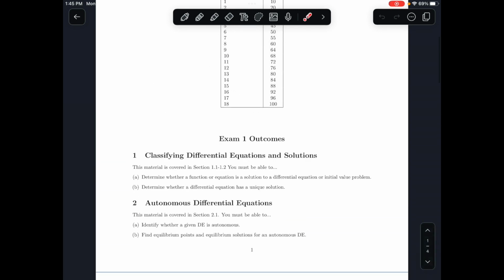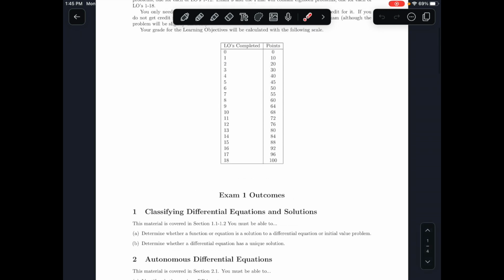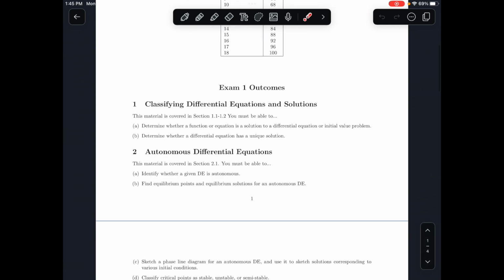Just to remind you guys, the structure for this class: you just have to master a learning outcome once, and then once you get it, you are done with it for the entire remainder of the semester. You don't have to revisit it again.